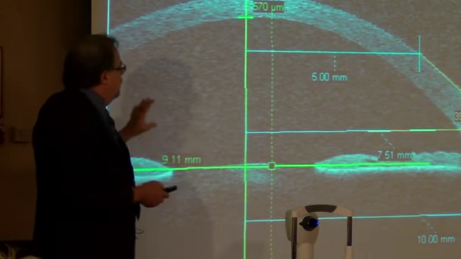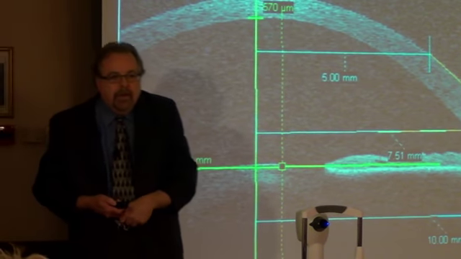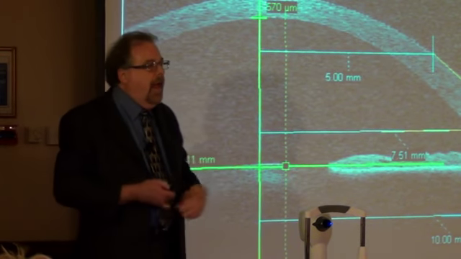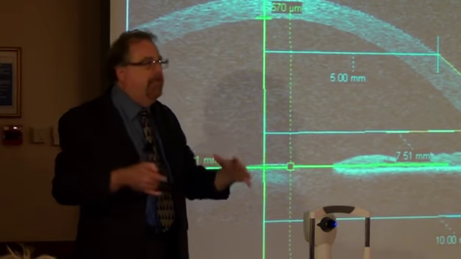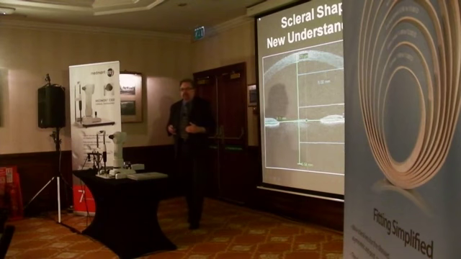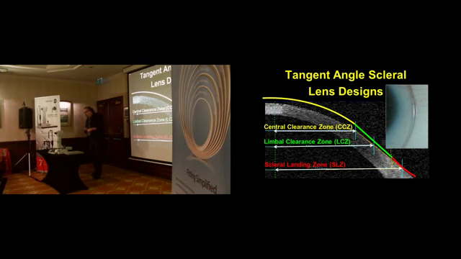So, armed with this information from the OCT imagery, we thought that a wonderful way to emulate the shape of the eye as we know it today would be to use a tangent angle scleral lens design. And that's exactly what we have with the ICD 16.5.